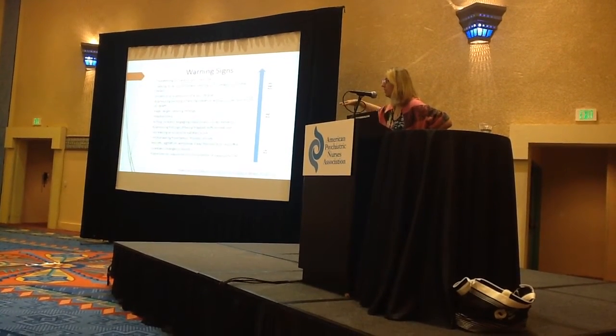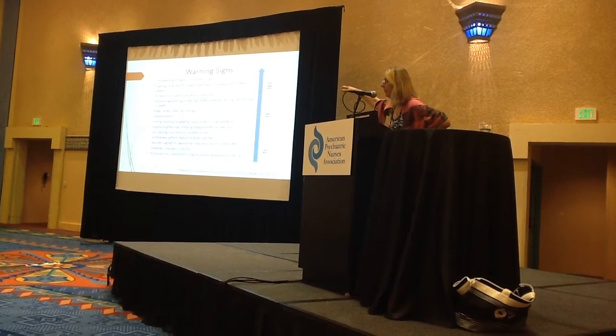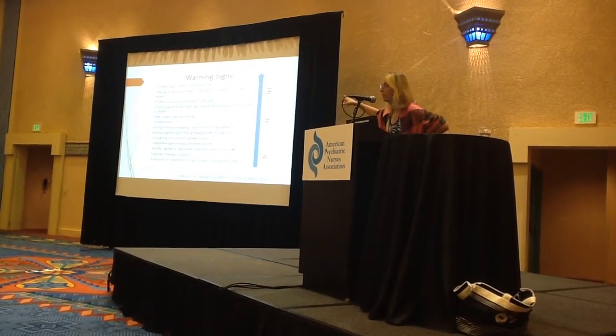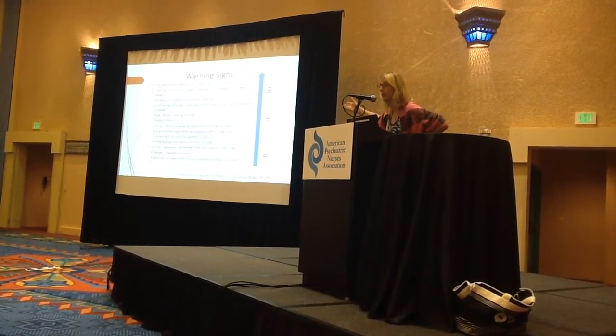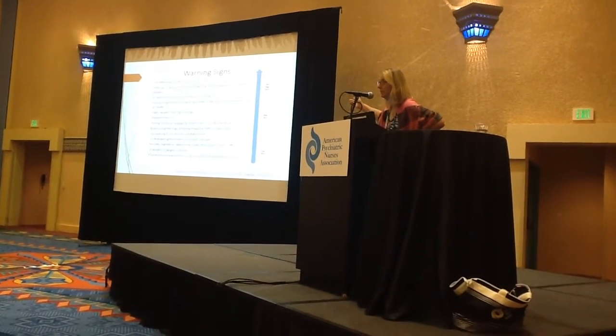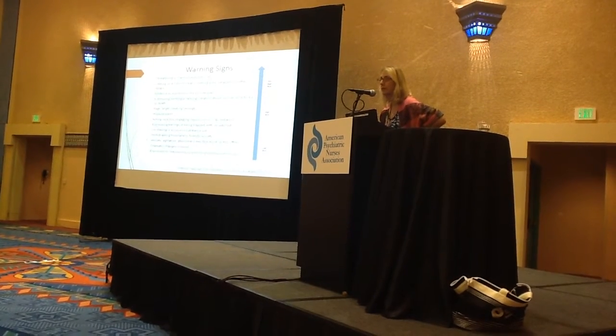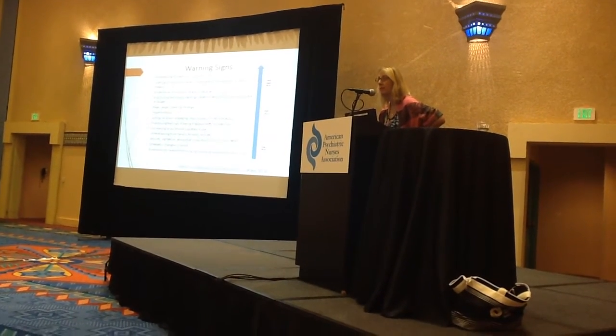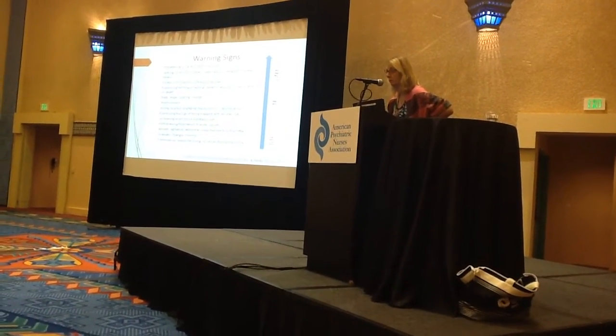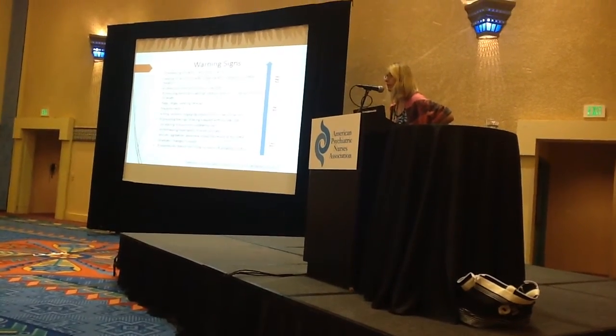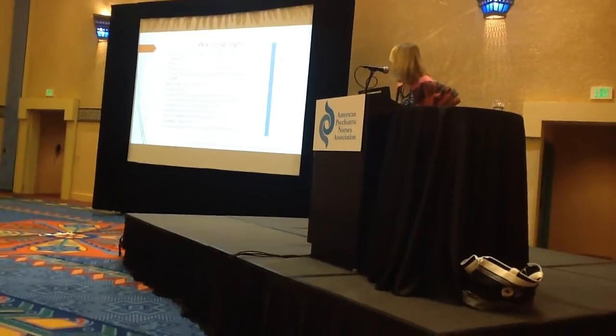But as the warning signs go up, like actually threatening to kill themselves, then the risk is imminent. Seeking means means they are imminent, and you have to act on that. You have to protect them.